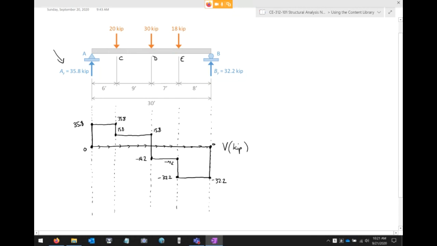Whenever you draw your shear diagram, you always start and end at 0. That was the case here. We started at 0, ended at 0. What that tells us is that the reactions we came up with satisfy equilibrium from a sum of forces in the y direction standpoint.